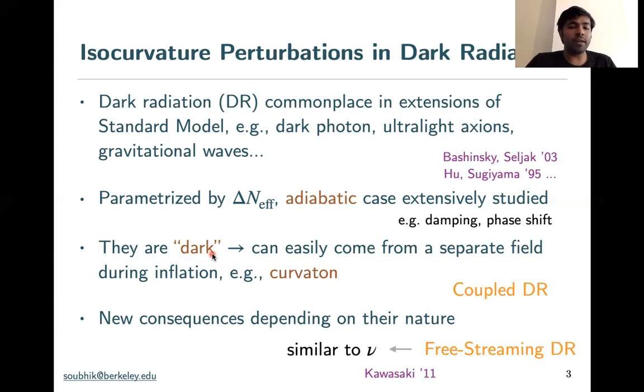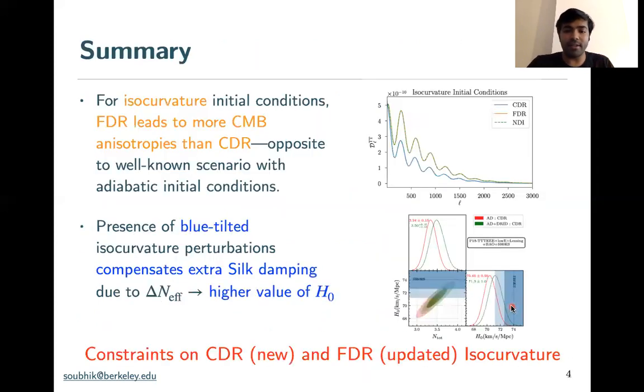Now, what I will show is that, depending on the nature of the dark radiation, whether it is coupled or free streaming, the isocurvature perturbations can have distinctive effects on the CMB. In particular, free streaming dark radiation, as one can expect, is quite similar to neutrino density isocurvature, and we'll see this more explicitly in a moment. But for coupled dark radiation, you can have qualitatively different effects, and I'll highlight those.